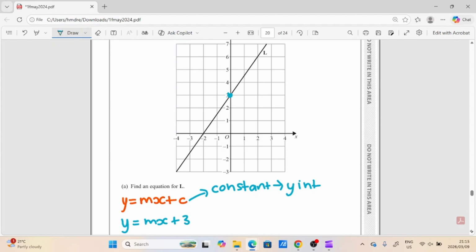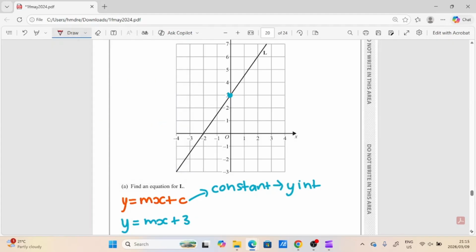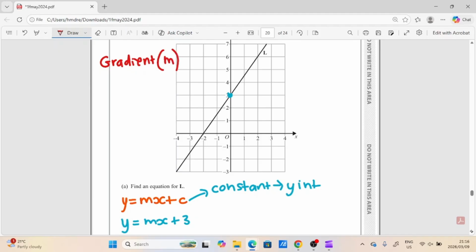Then all we have to do is find the value for m. So we have to find the gradient. That gradient is another thing you have to know the equation for. Okay, so we need the gradient or the slope. It is this m. And how we find the gradient is we choose 2 points. I just choose, to make my life easier, the 2 intercepts.